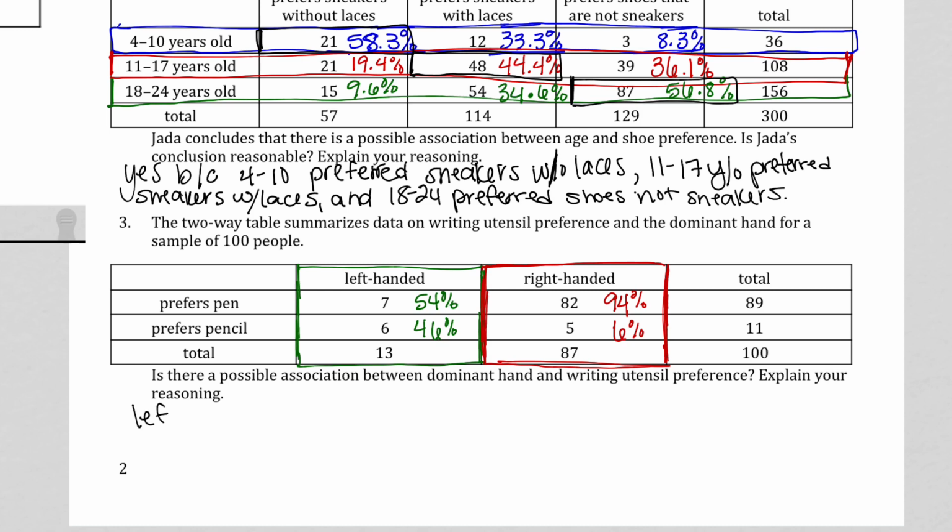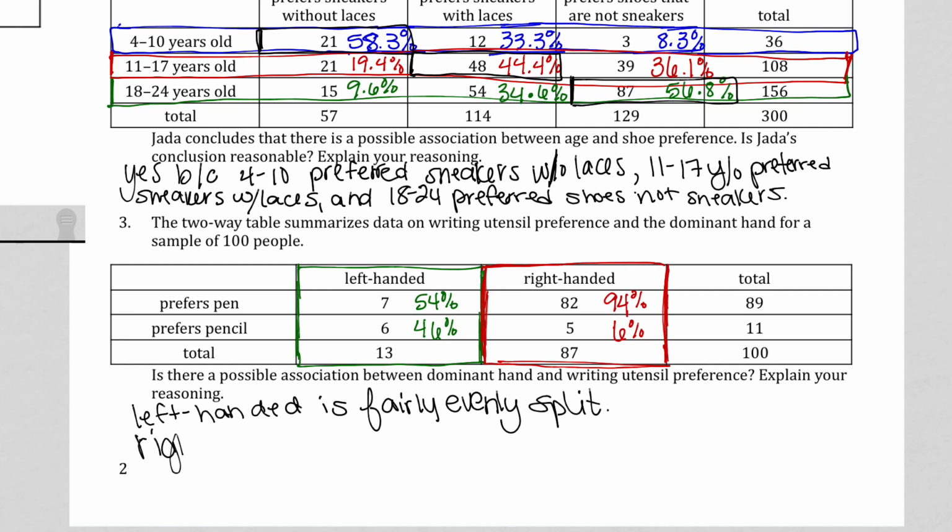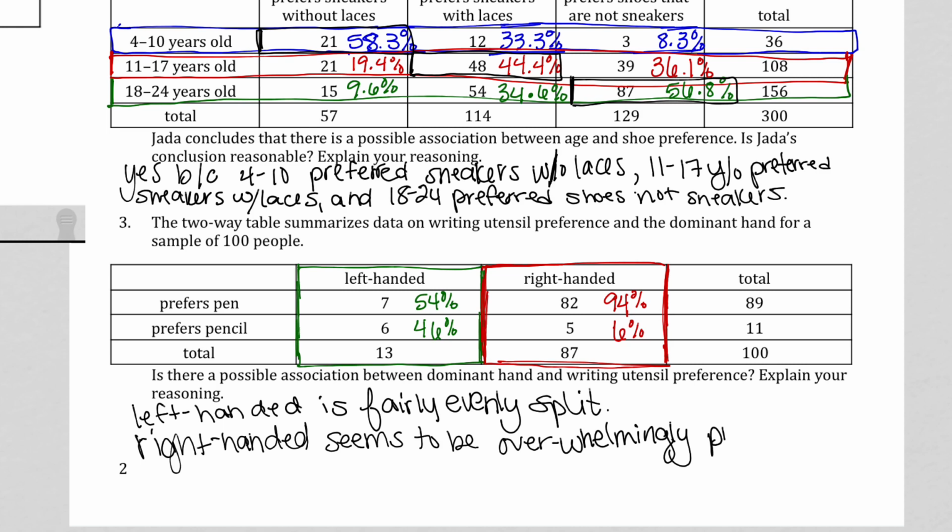So, left-handed is fairly evenly split. Right-handed seems to overwhelmingly prefer pen.